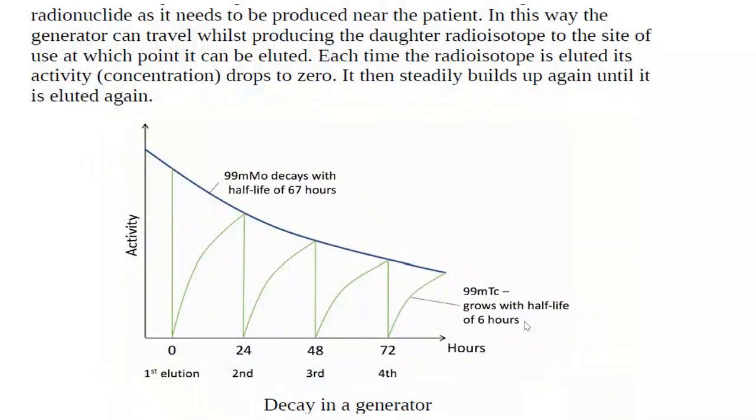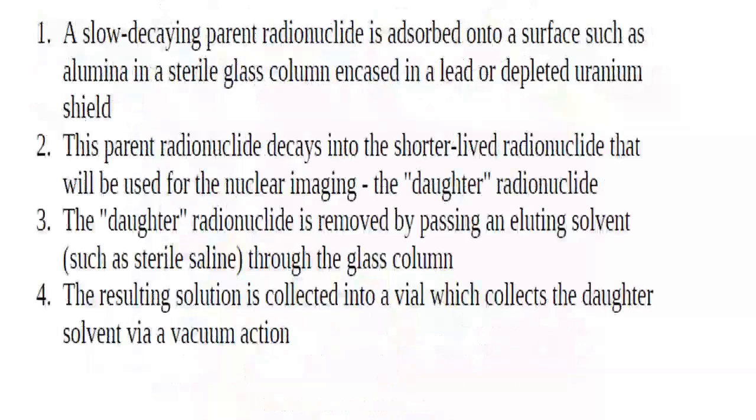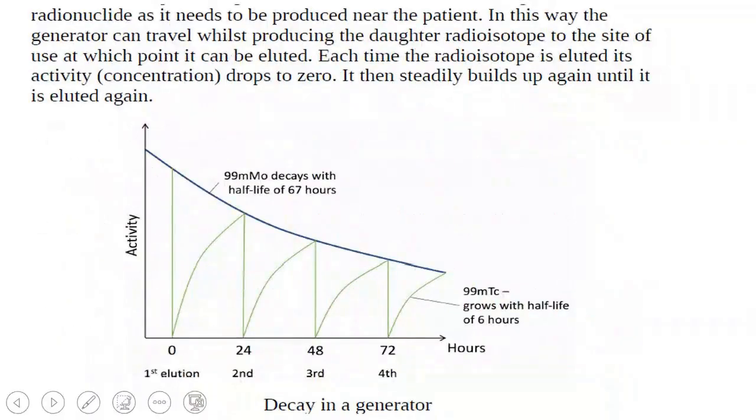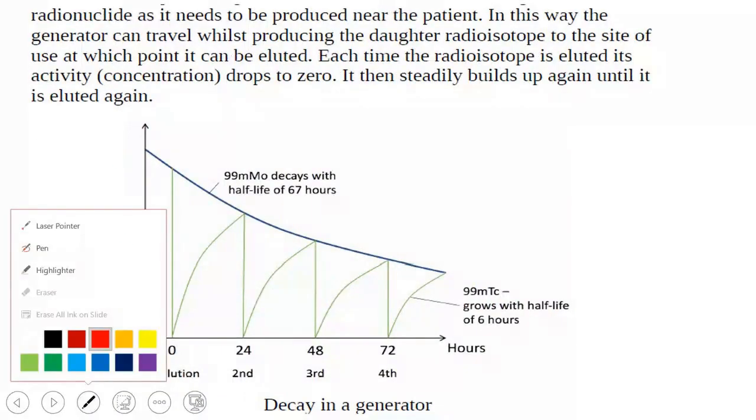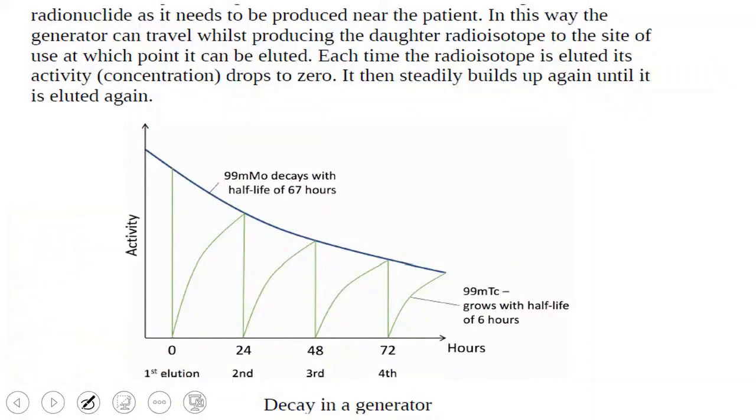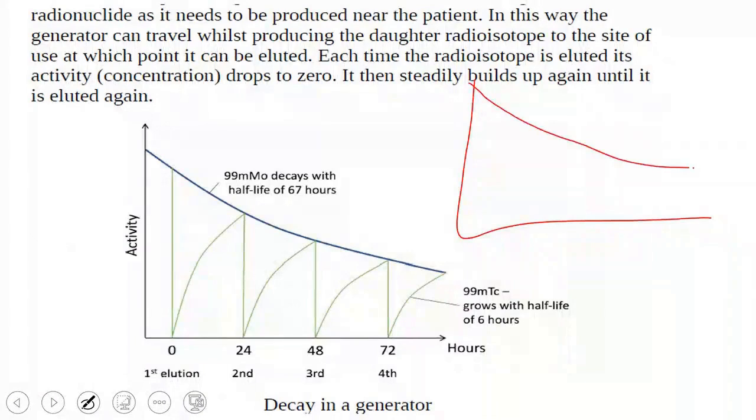So what is this curve? It tells you that molybdenum has a half-life of 67 hours. Thus, the activity decays over time. But molybdenum gives you technetium. So today, the radioactive material comes to you, and you perform the milking.